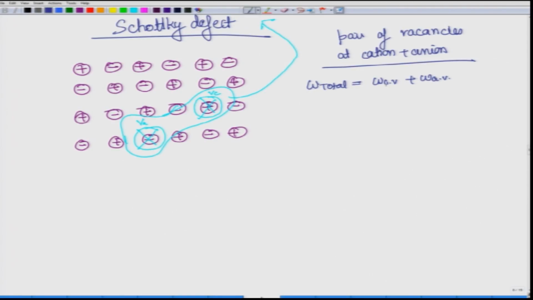So, these are subscript CV and this is subscript AV, and this would imply that delta S configuration is equal to KB ln W. So, the derivations are very similar, the only thing is what will be the exact values of W over here, since both of them are vacancies.